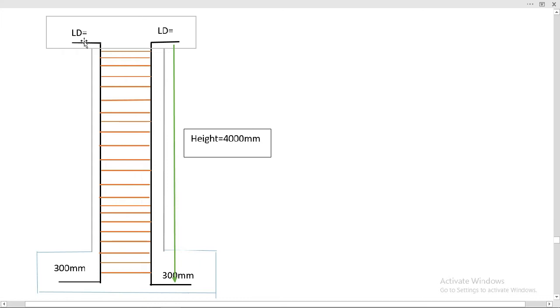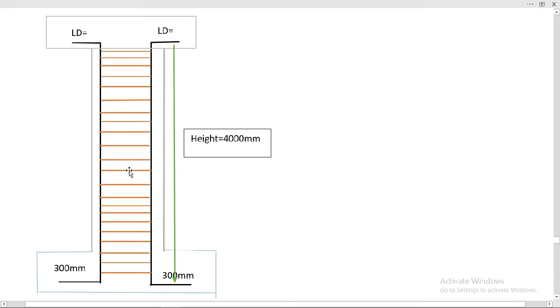This is the development length, where the column longitudinal bars are bent toward the slab from both ends, and here four bends towards the footing. So the LD formula is the development length formula. We already know that.